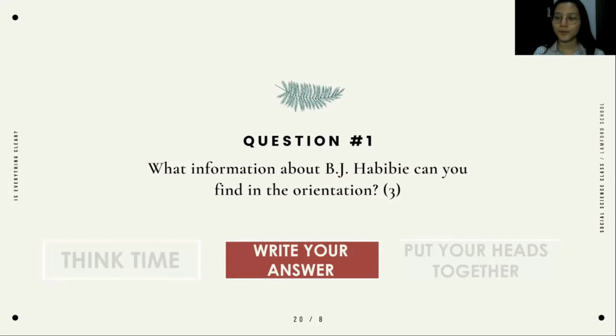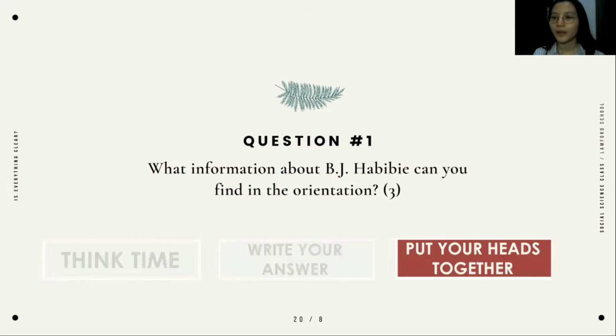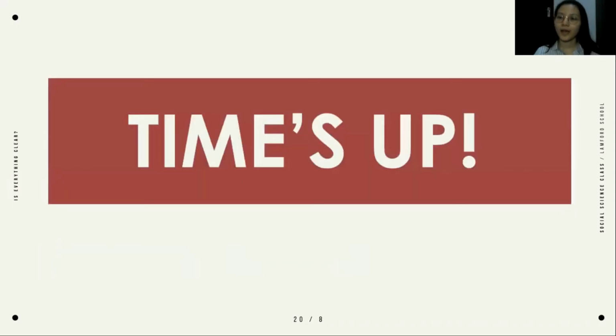Remember, you may not discuss with your group members just yet. So answer it individually first. Okay, students, put your heads together. Okay, please sit down, everyone, because the time is up.